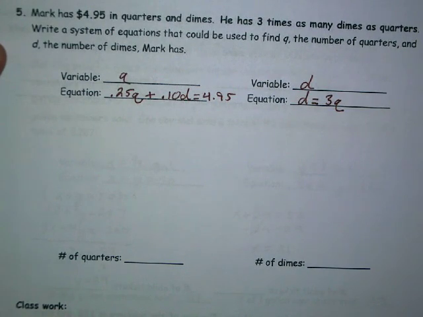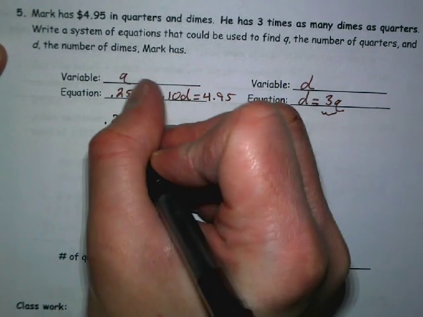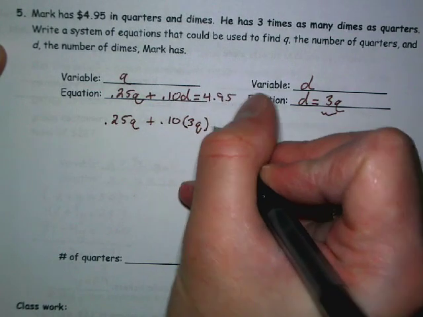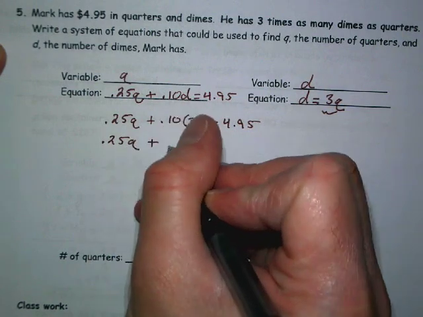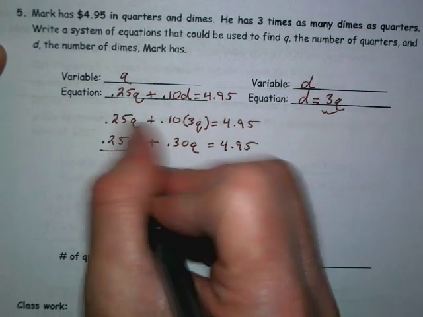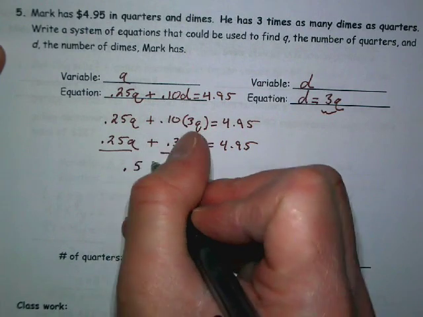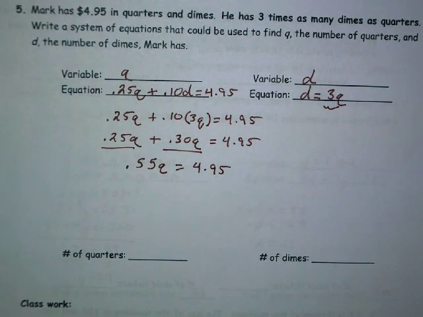Okay, just like that last one, sets up great for substitution. All these application problems are pretty much either going to be using substitution or elimination. So we're going to substitute 3Q for this D here. So 0.25Q plus 0.10 times 3Q equals 495. That gives us 0.25Q plus 0.30Q when you multiply. Combine your like terms. 0.25 plus 0.3 gives us 0.55Q equals 495.